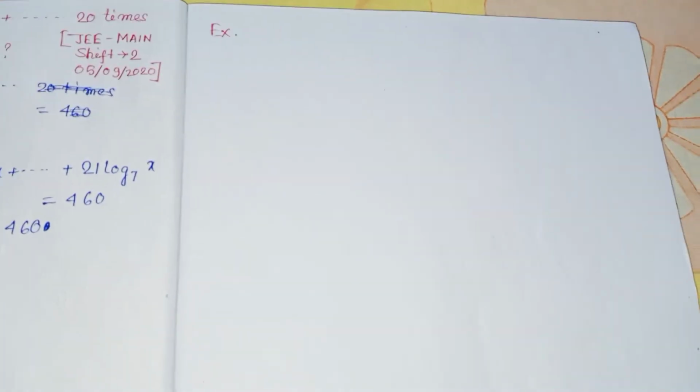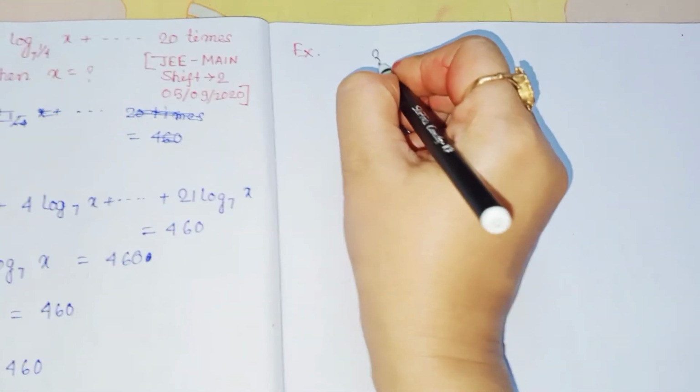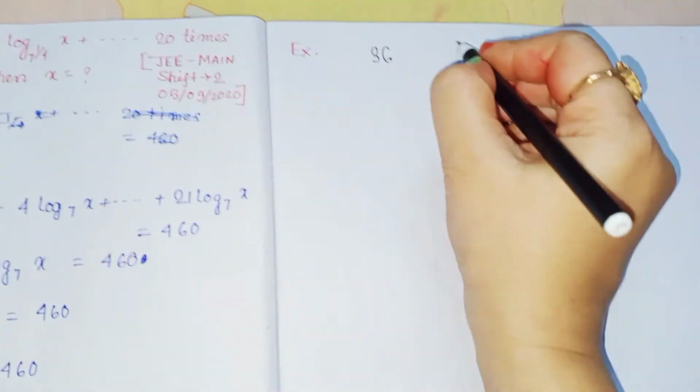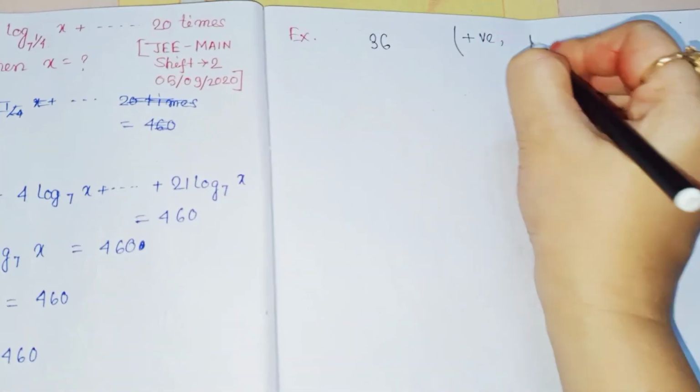Let's see an example here. Let's suppose a number is 36, which is a positive number and also a real number.